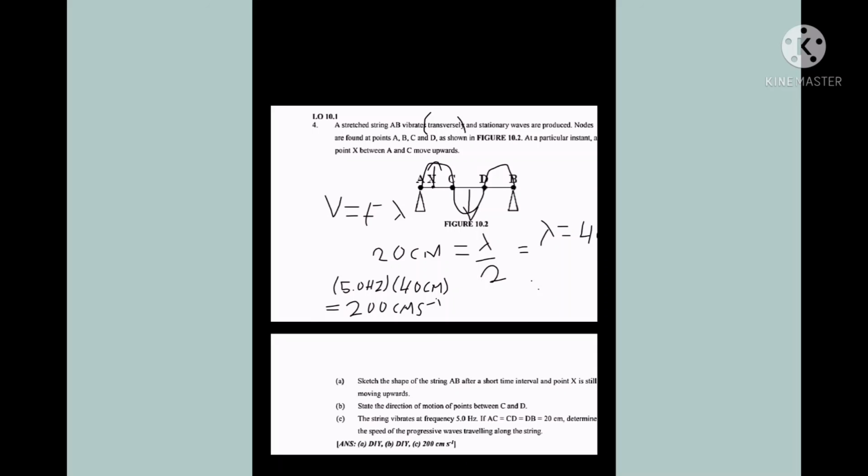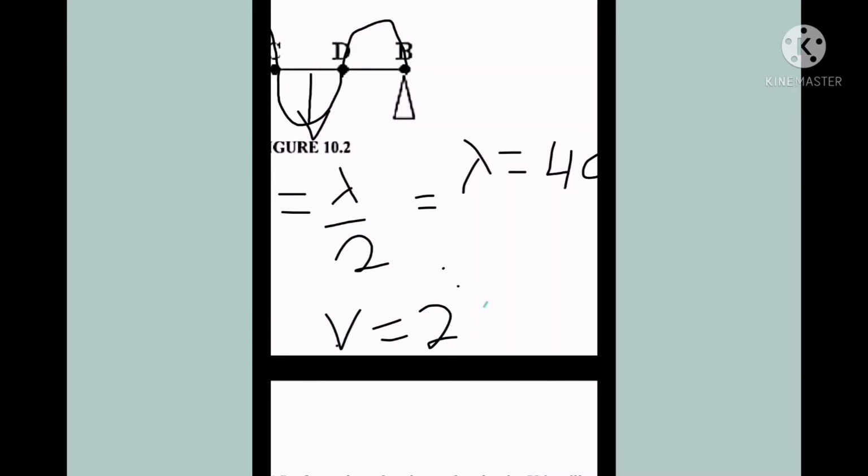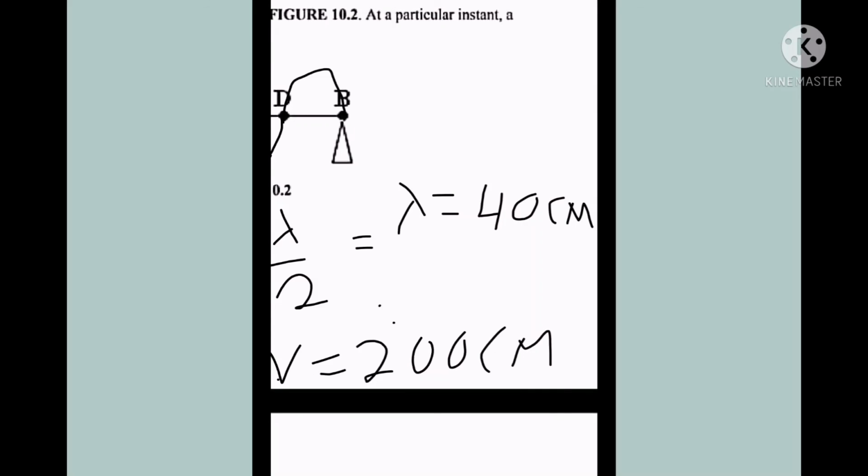We use the formula v equals f λ, so the speed v is 200 centimeters per second.